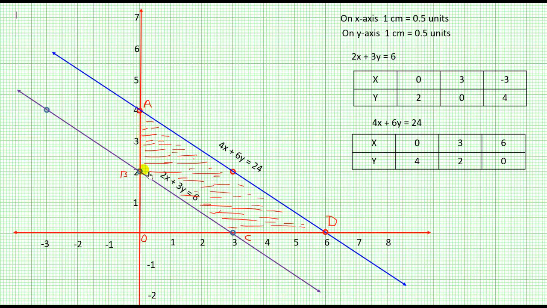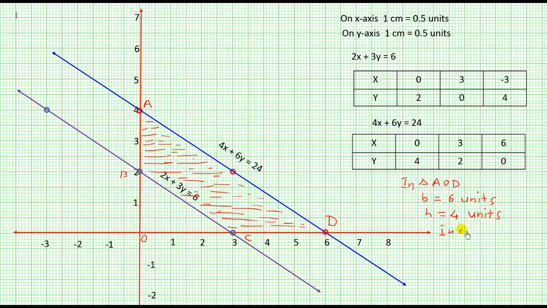So in triangle AOD, the base will be from 0 to 6, so the base will be 6 units, and the height will be from O to A, so it will be 4 units.